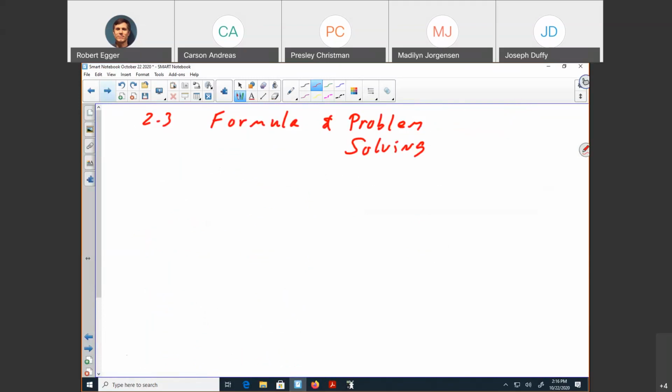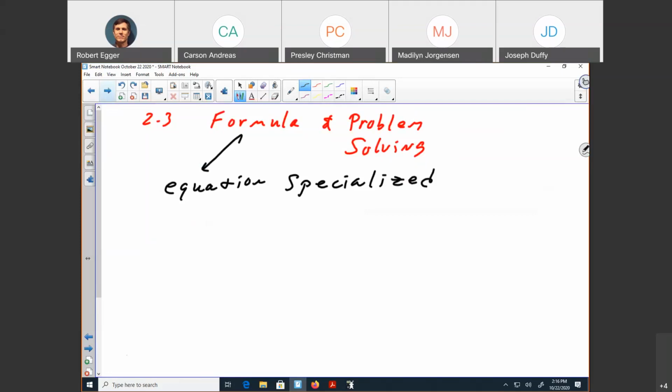Okay, actually it's kind of a continuation of 2.2. The only difference is a formula is just an equation, an equation specialized. So it's an equation, we have formula.